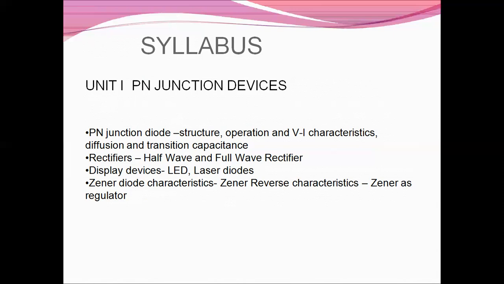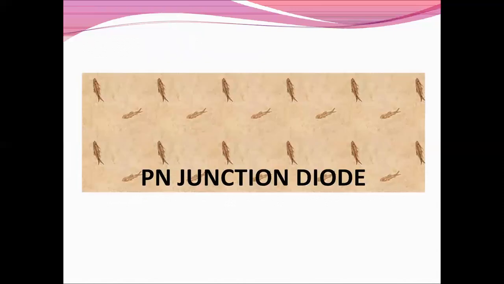In the rectifier, you will cover its types, half wave and full wave rectifier. Display devices, LED and laser diodes will be covered. Zener diode characteristics, reverse characteristics, and its use as a regulator will be covered in the first unit. So first we are going to see the PN junction diode.